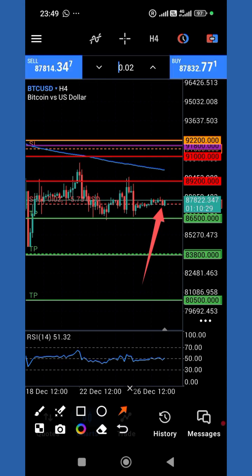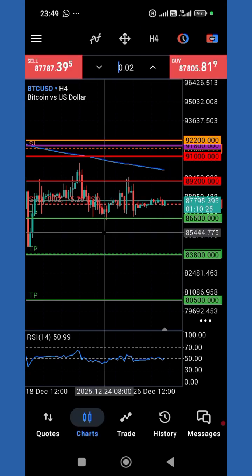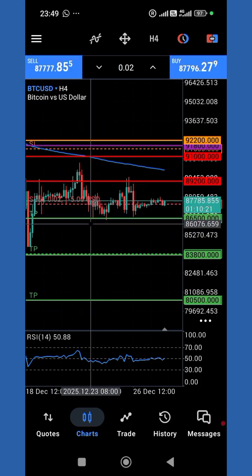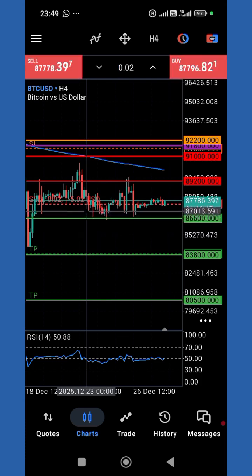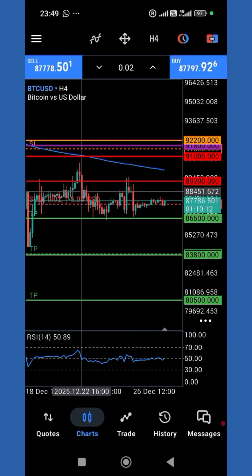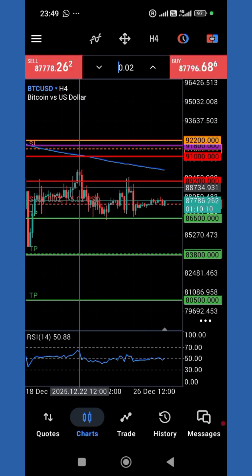So let me move my crosshair. Moving my crosshair, I have 88,800. If you can see my crosshair moving on the right-hand side, 88,730. Good.